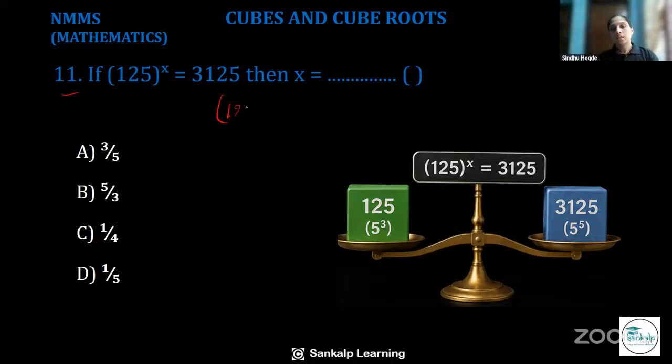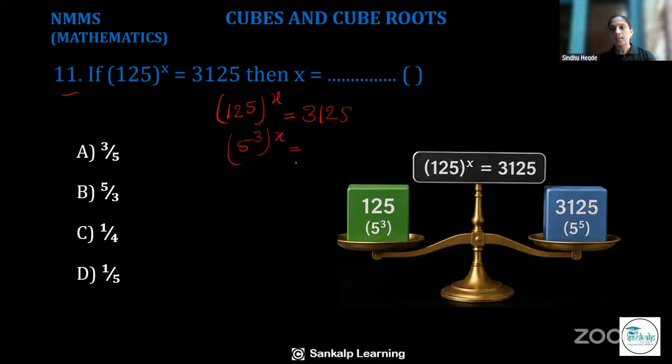Write the given number: 125 raised to x is equal to 3125. Here 125 is a perfect cube, it is the cube of 5. So in the place of 125 we can take 5 cube raised to x.